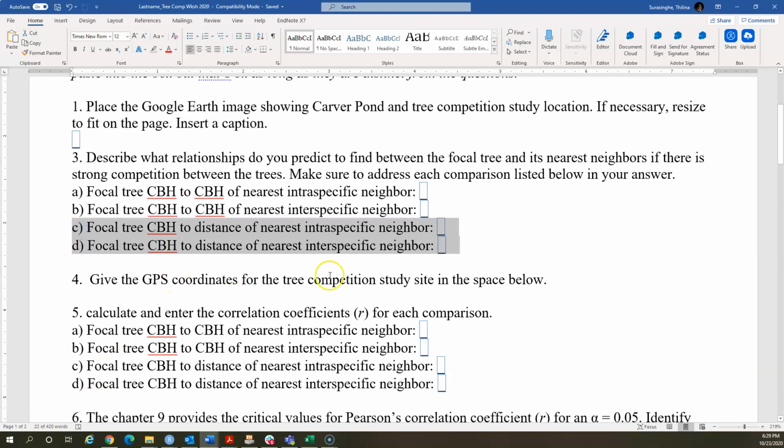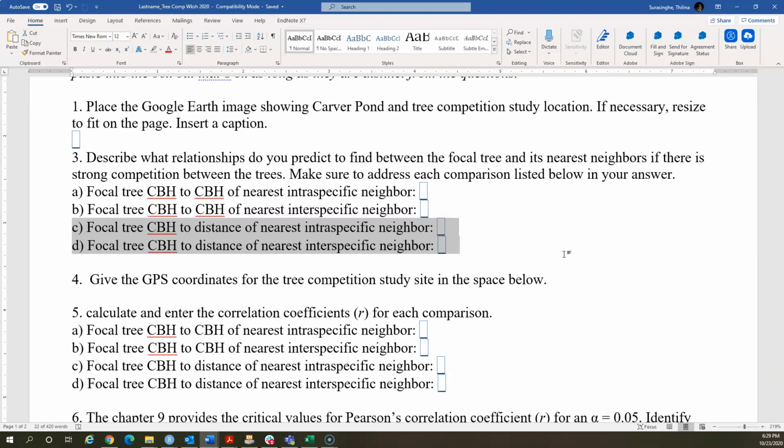With respect to CBH versus distance, circumference at breast height versus distance between the two trees, how would you expect the relationship between those two variables to vary? A tree with a greater circumference at breast height is a larger, mature tree that is well established.